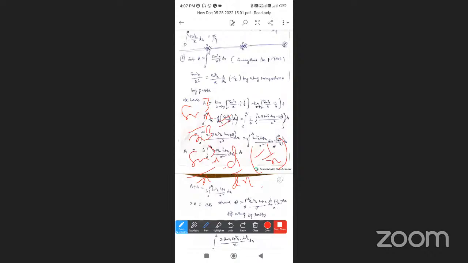So 1 by x square times sine cube x by x. We use integration by parts.